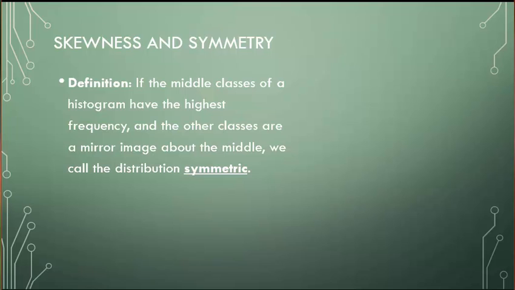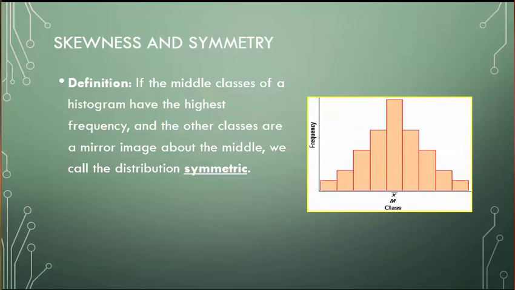First off, we can say that if the middle classes of a histogram have the highest frequency and the other classes are a mirror image about that middle, we call the distribution symmetric. So you've probably seen this kind of thing before. It's also called triangular shaped. It's also called bell shaped. It doesn't have to be exactly the same on each class going down like this, but we're just saying in terms of the general shape.